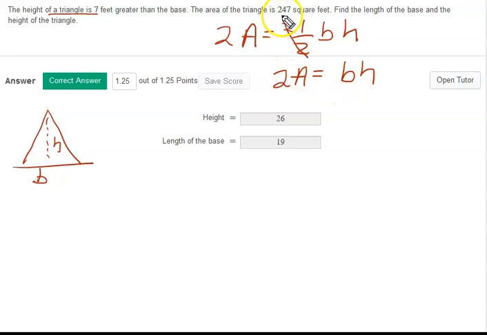So 2 times 247, and we designate our height as 7 feet greater than the base. Doing some substitution, 2 times 247 equals our base, and our height is the base plus 7.